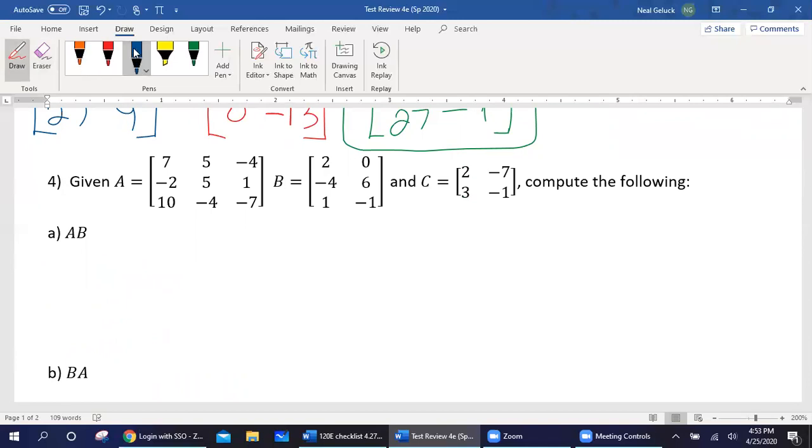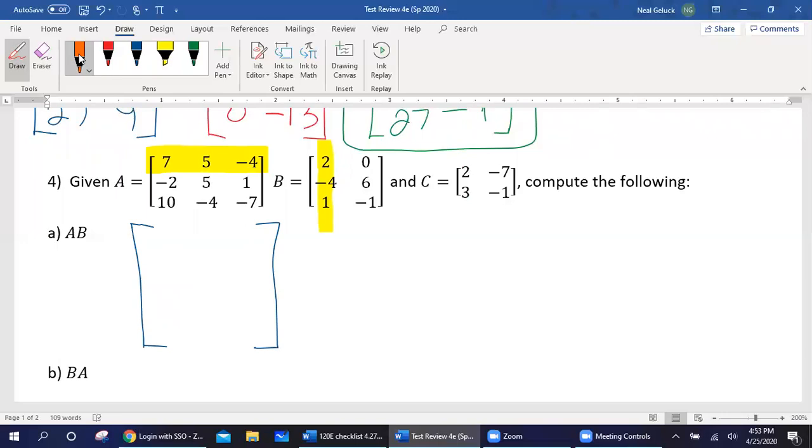So I know I can multiply A times B, and I'm going to end up with a 3 by 2. And so remember, with your first matrix in multiplication, you're using its rows. For the second matrix, you're using its columns. And I'm going to multiply corresponding numbers together and then add those results.